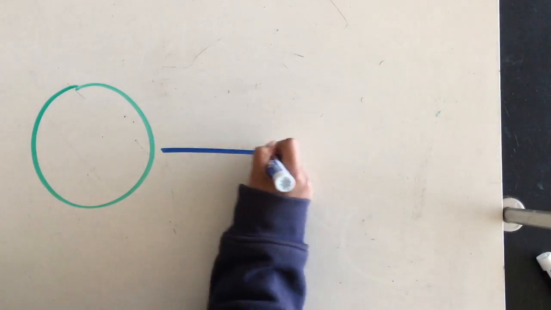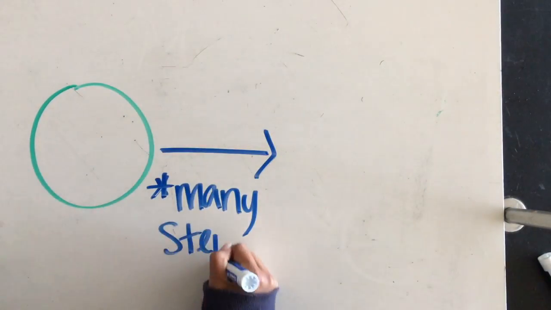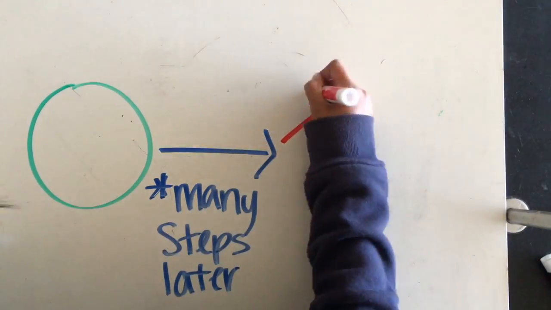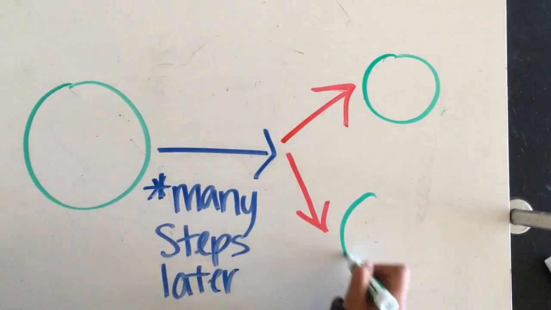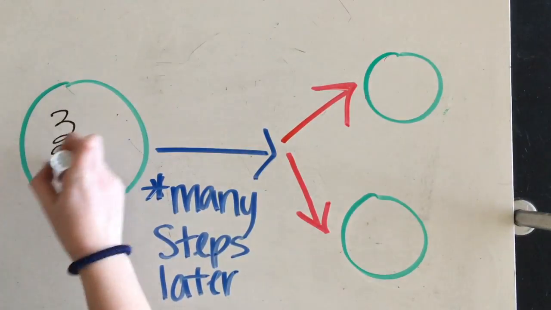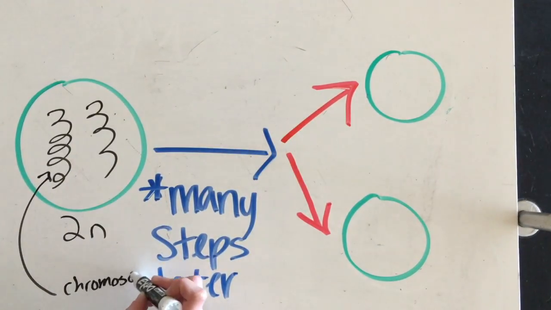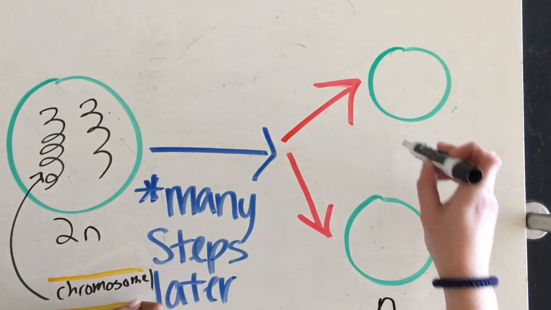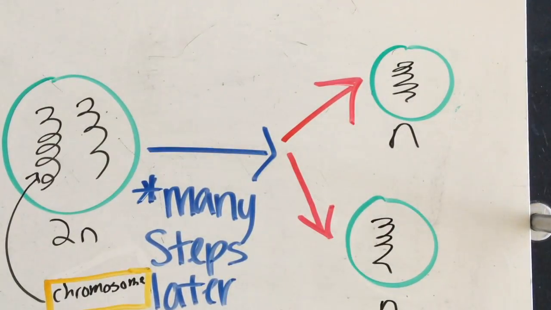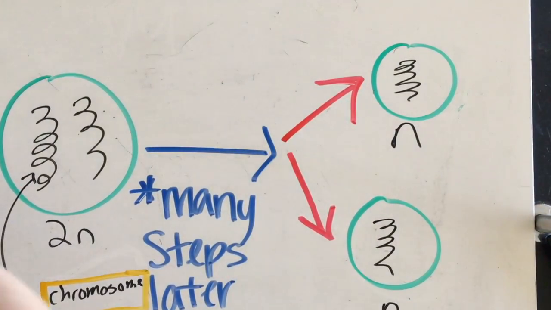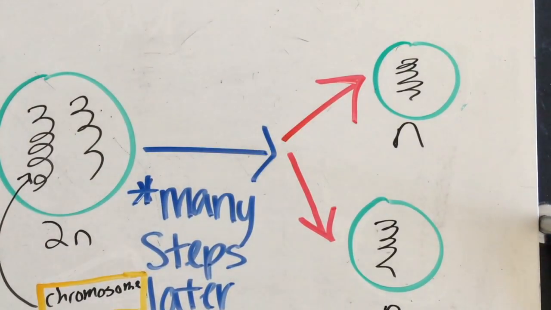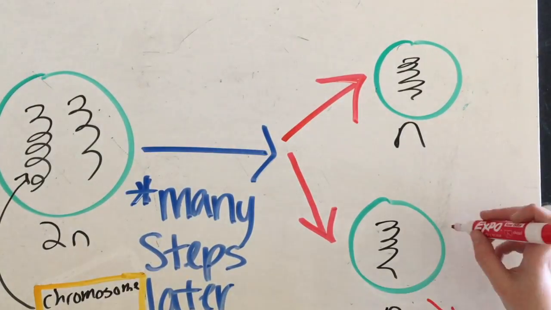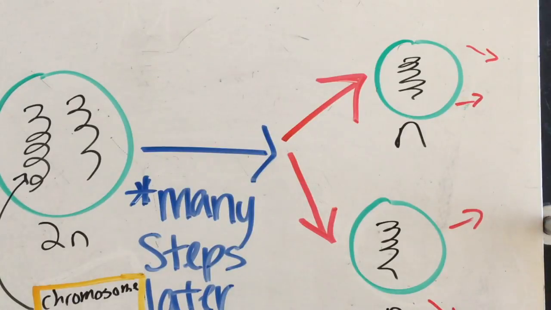Now we're rounding back to the idea of meiosis, which its process and how it does it is very, very high level. So here we start with a cell, and after many steps, it replicates. But you can see its copies are a little different. They have half as much DNA as the first one did. And this is how sex cells replicate.